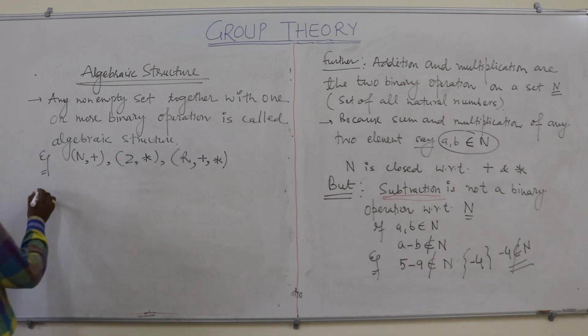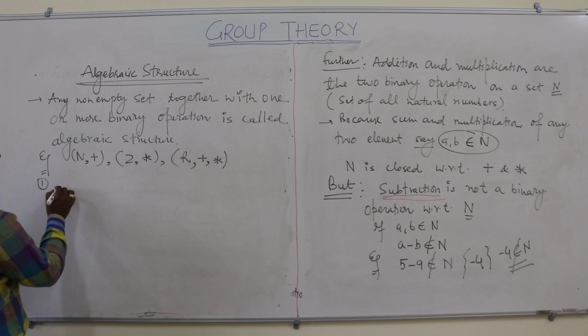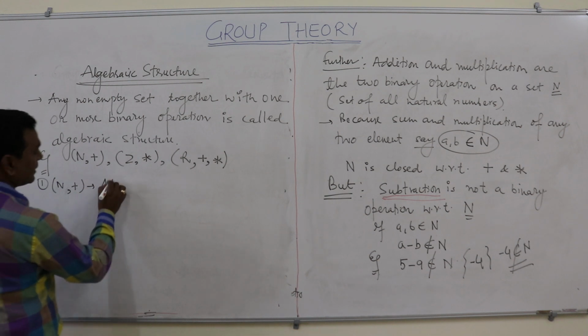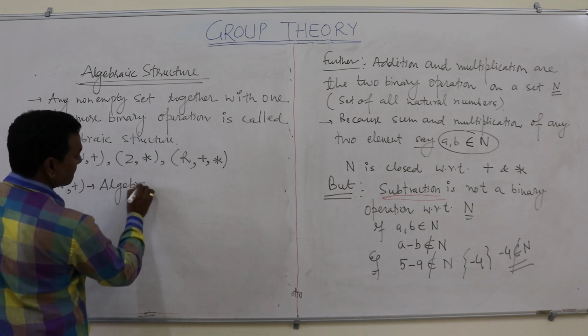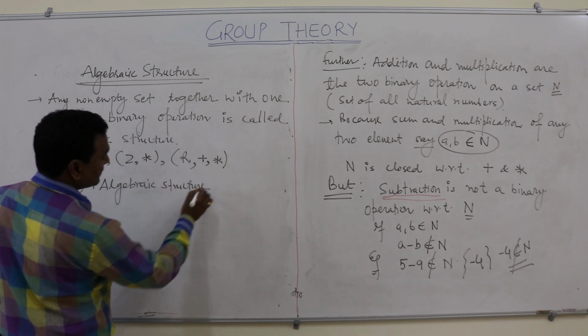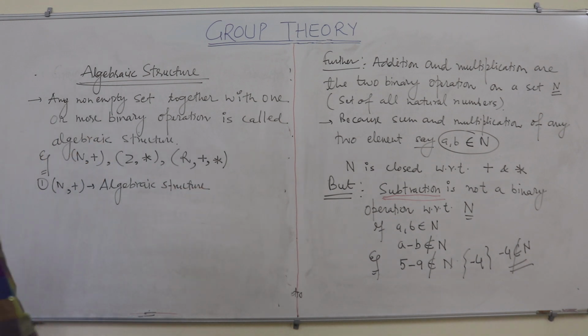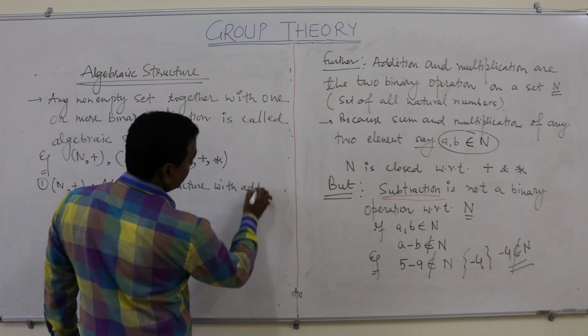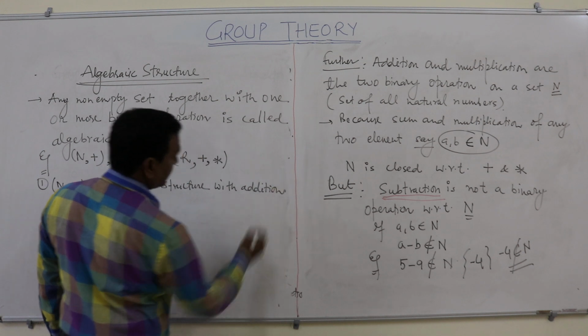So if we take N comma plus, this is an algebraic structure with binary addition.